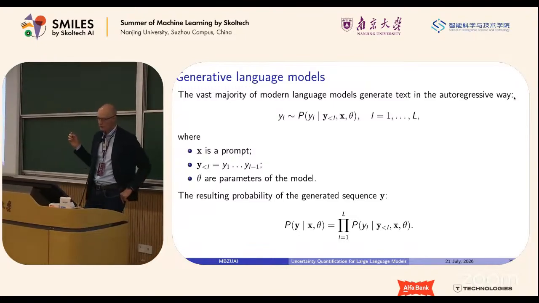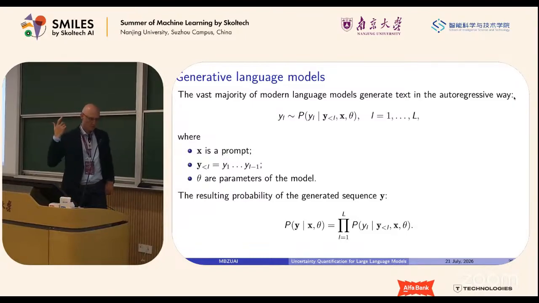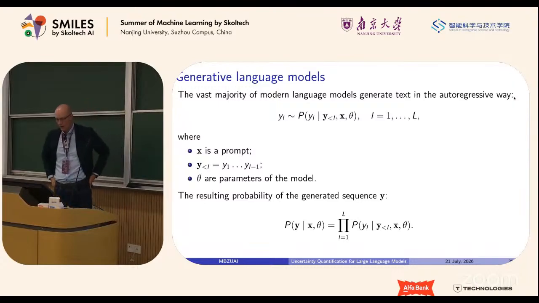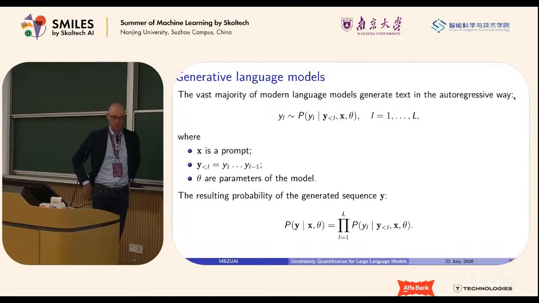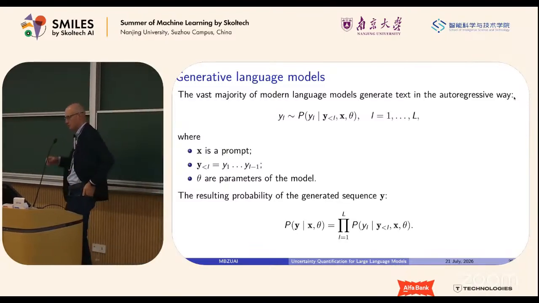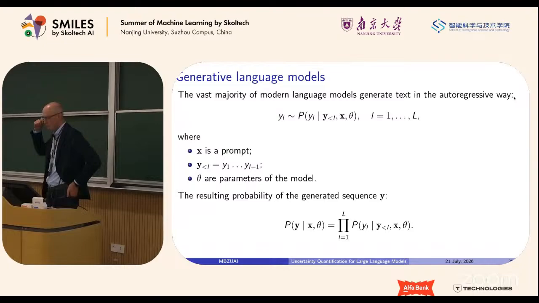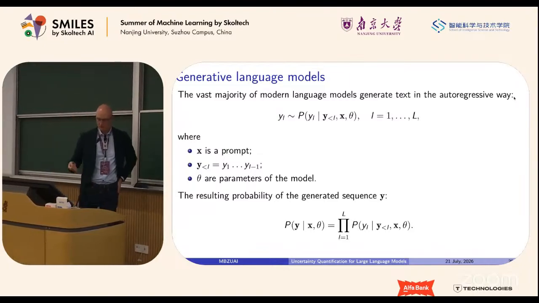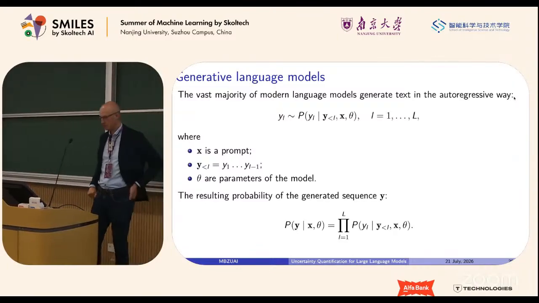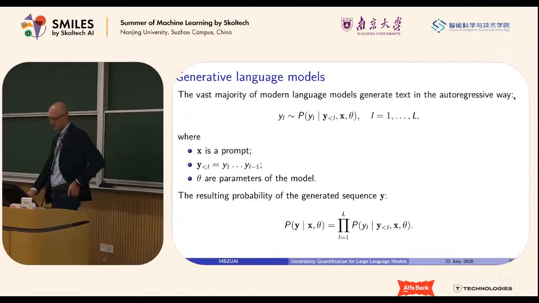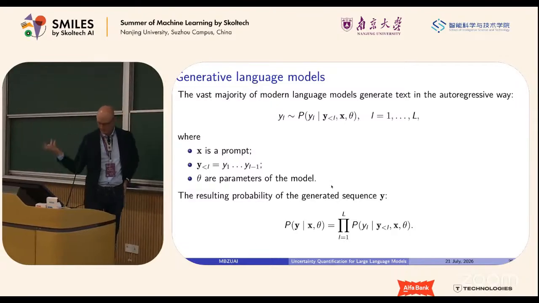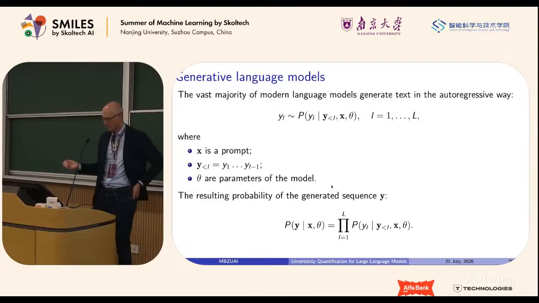First of all, when you're working with a language model, you have not just one single prediction, you have multiple predictions, because you're making generations for each token, and for each token you make a prediction from your language model. And these predictions are not independent, they're conditionally dependent. As you can see, here's a factorization of the probability of your generation according to an autoregressive language model.